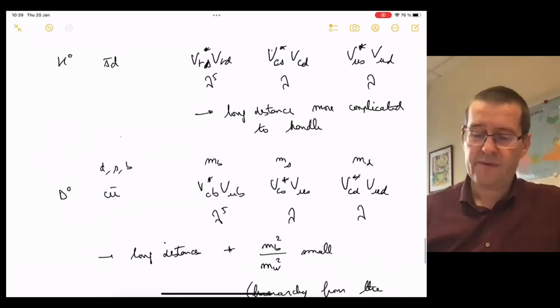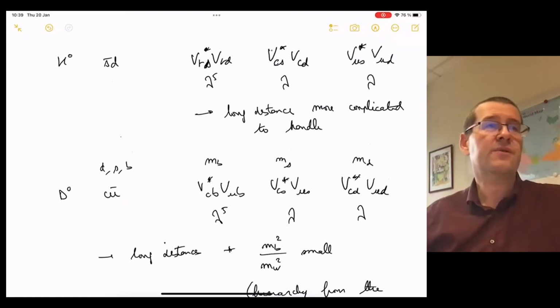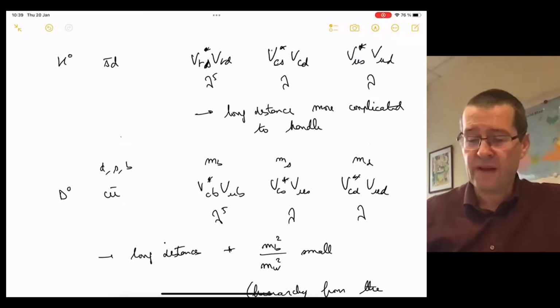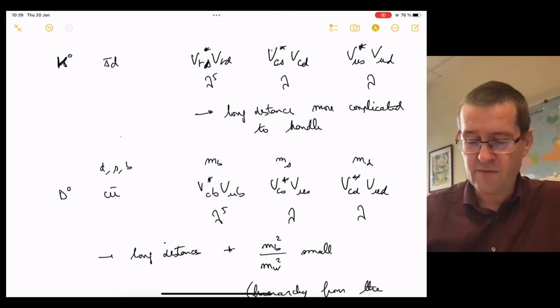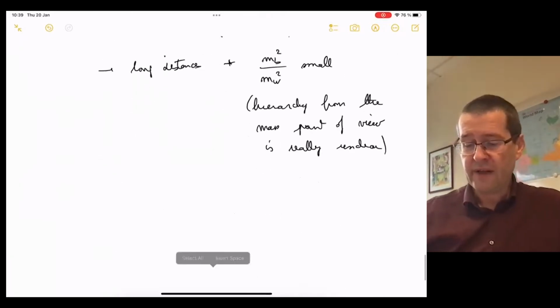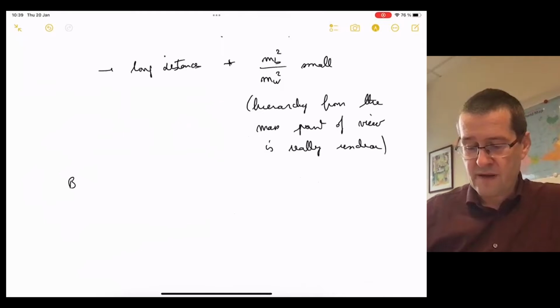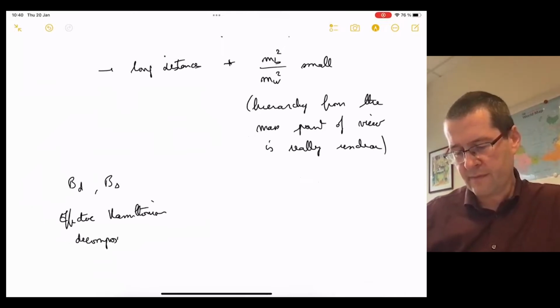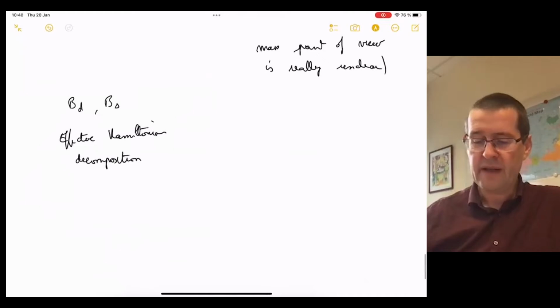So what it is telling you is that you will have to use different tools to address K0 and D0, and they will be tools that are more on the hadronic side. For BD and BS, you can use this kind of effective Hamiltonian decomposition in a straightforward way.